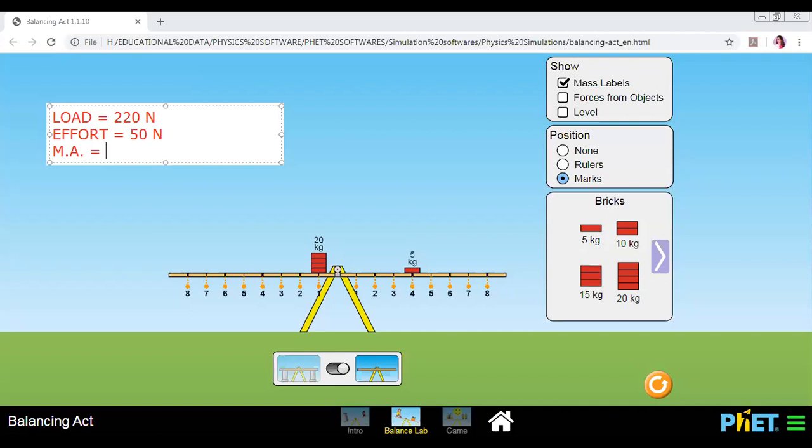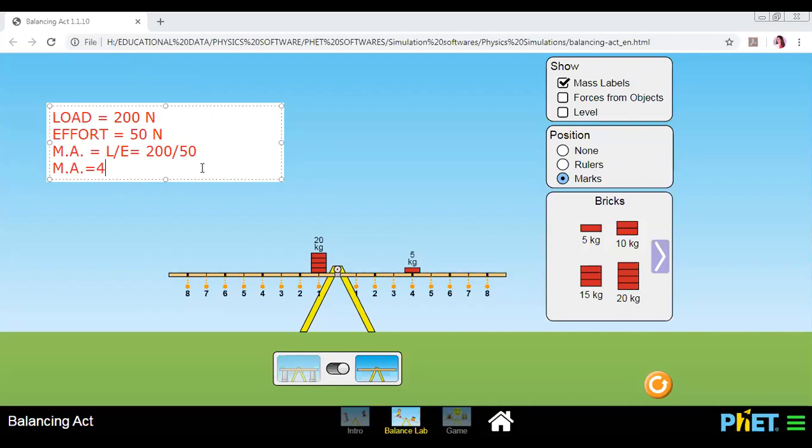MA is the ratio of load to effort. Load is 200 Newton and effort is 50. So you will find the MA is coming out to be 4.